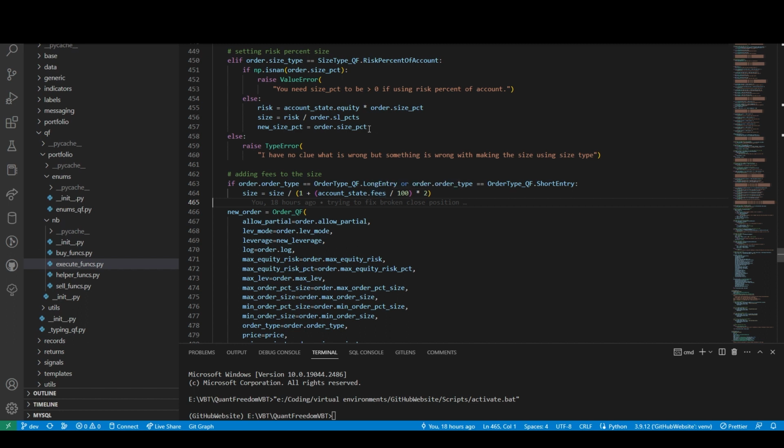So here it would have to be size times the, well, let's do the math first.